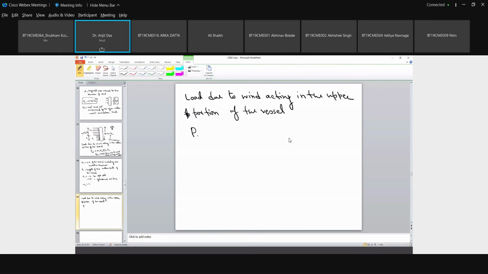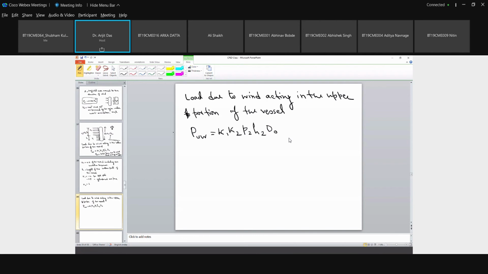So PUW equals, similarly, K1, K2, P2, H2, D naught. So these are the wind loads PBW and PUW.